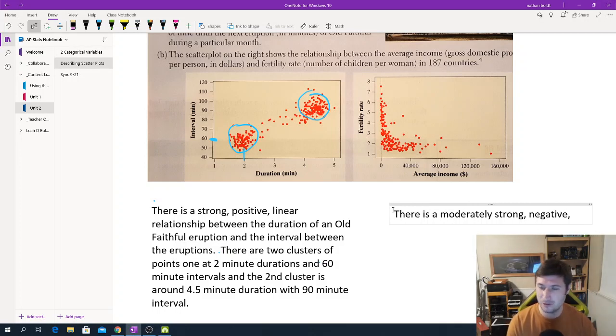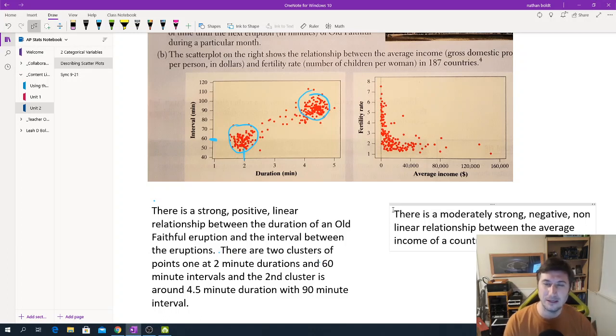Definitely not a straight line. Non-linear relationship between the average income of a country and its fertility rate. Now look, are there any unusual things about this graph?